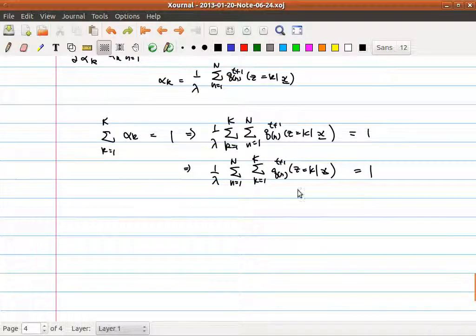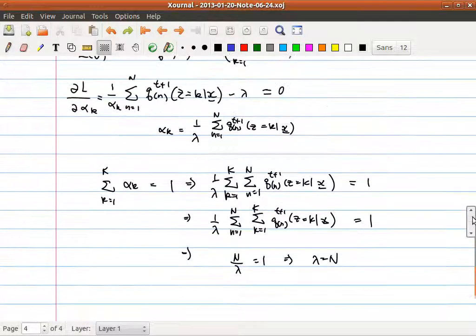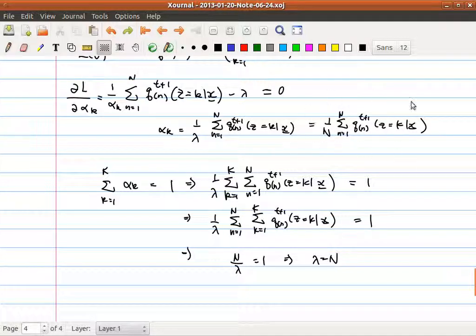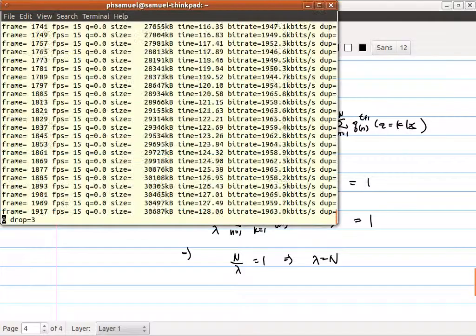If I sum over k here, this is just summing over all possibilities of z here. So this just gives us 1. So therefore, I am basically summing 1 for n times, so I should just have n here. So n over lambda is equal to 1, therefore lambda is equal to n. So therefore, the correct update for alpha k should be just like this.